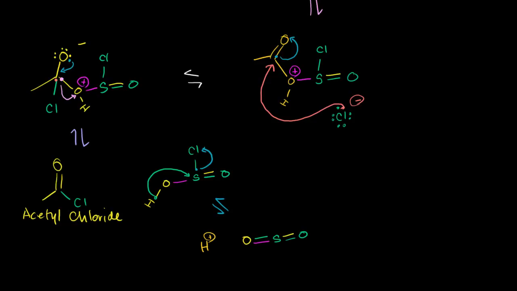The chlorine, I'll do this chlorine in blue now. The chlorine nabbed an electron, and it already had 7 valence electrons: 1, 2, 3, 4, 5, 6, 7. It now has a negative charge. And then the final step, so we already have our sulfur dioxide. Now the final step is just the chlorine giving one of its electrons to the hydrogen to form hydrogen chloride.